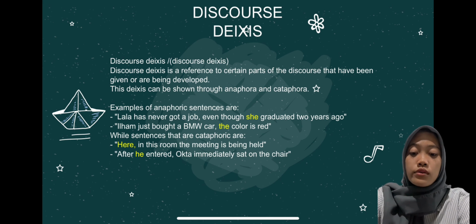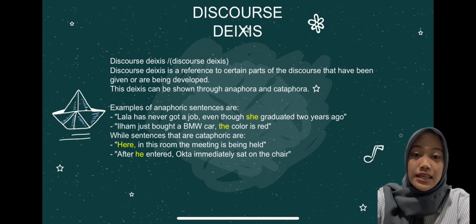Sentences that are cataphoric are: here in this room the meeting is being held. The next: after he entered, Okta immediately sat on the chair. He. This is a discourse deixis.